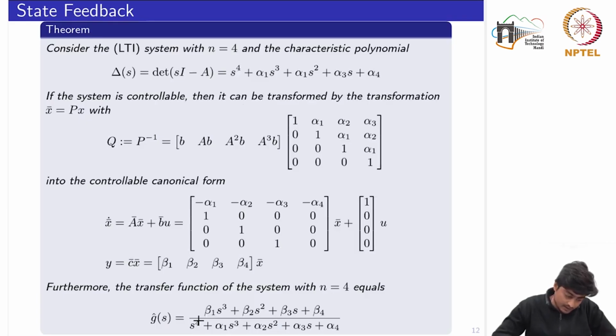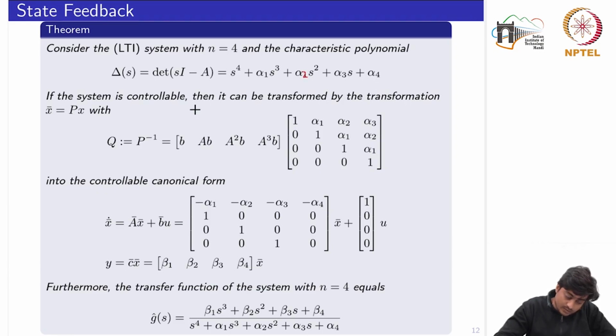This is another result which we have discussed during one of the tutorial problems of the controllability week. Consider the LTI system with n equal to 4, that is a 4-dimensional system, and the characteristic polynomial of that LTI system is defined by some coefficients alpha 1, alpha 2, alpha 3 and alpha 4.